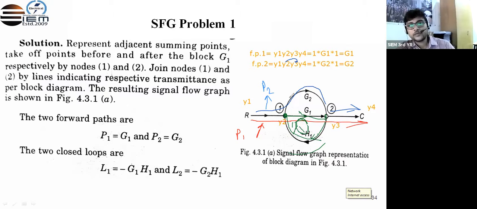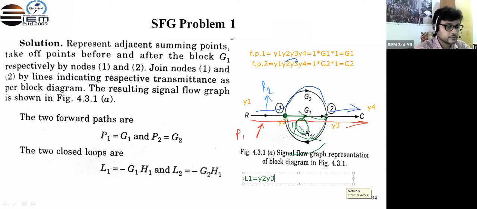So if we consider the loop, say L1, if you consider loop L1, okay, L1 equals y2, y3, y2. And what is the loop gain?